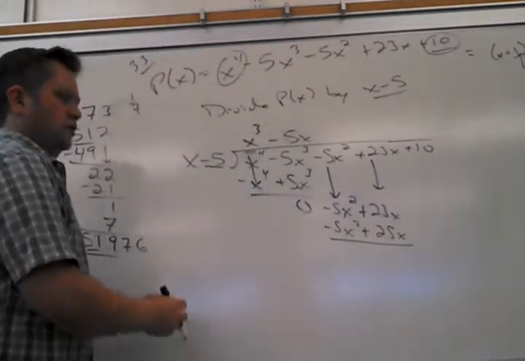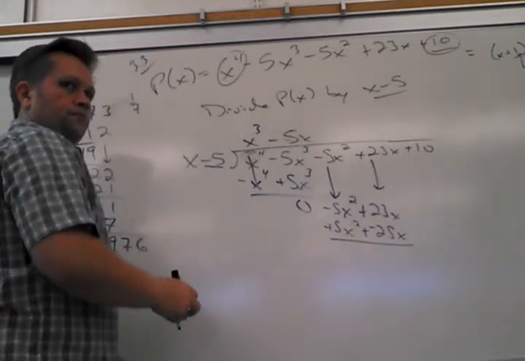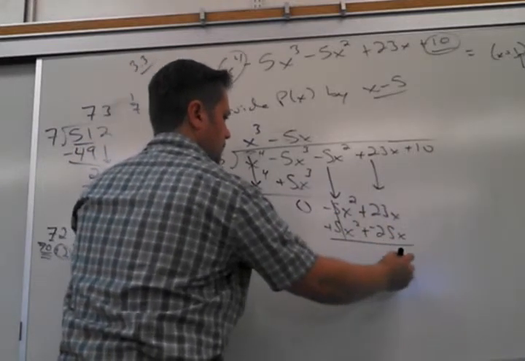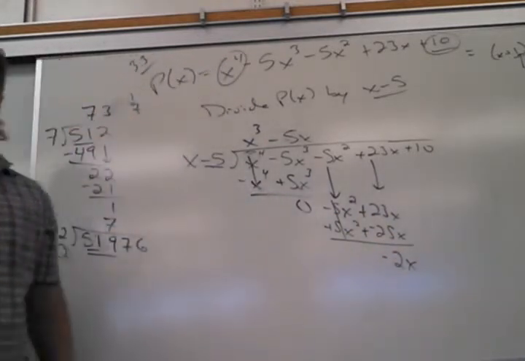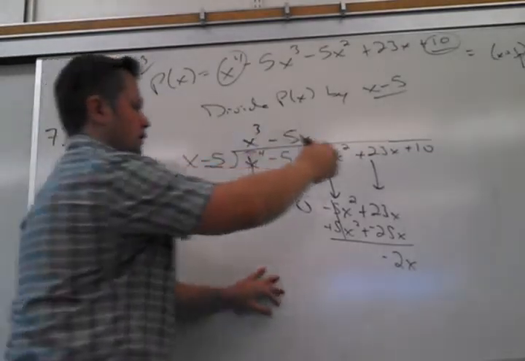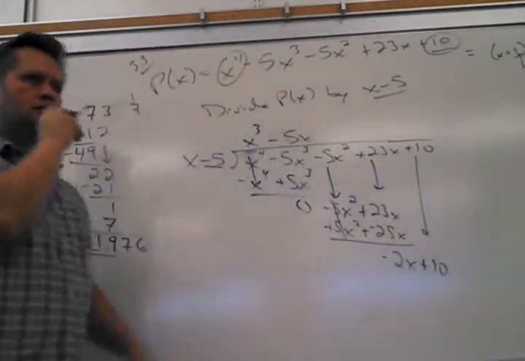And then you change the signs. That's like magic. Negative 2x. If you like this, just wait till we learn synthetic. That'll really be magic. If you know synthetic, you know what I'm talking about. If you don't, you'll see. And then minus 10 down.